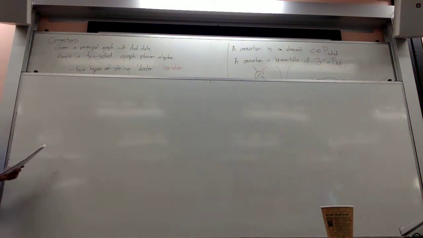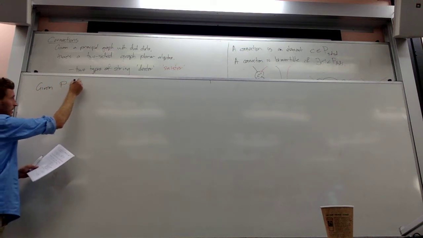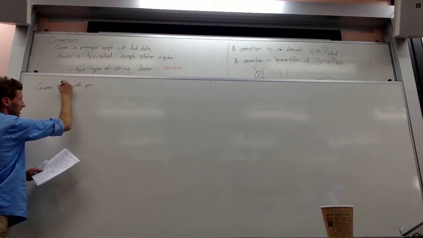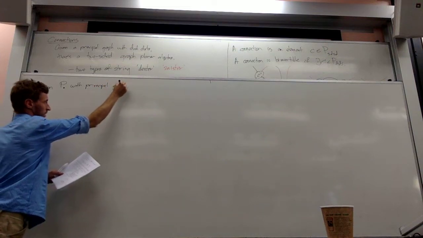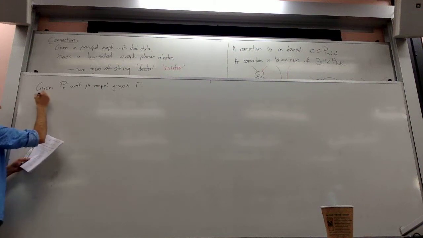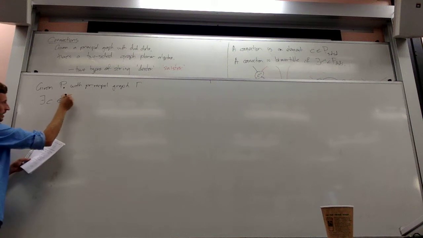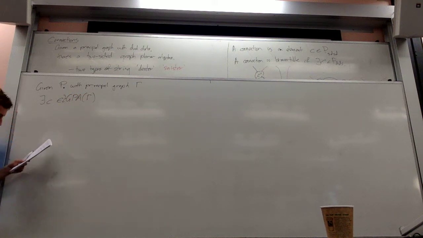So let's just say that again. So given P, planar algebra, principal graph gamma, there exists a connection C in the graph planar algebra. Sorry, there's two-sided graph planar algebra for gamma.